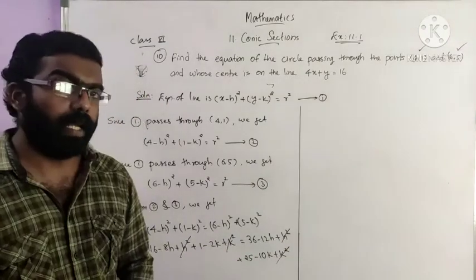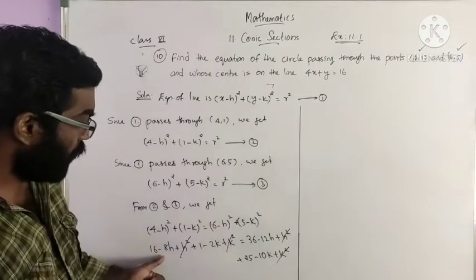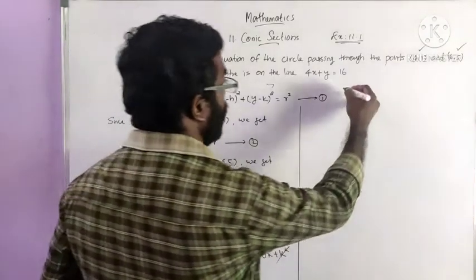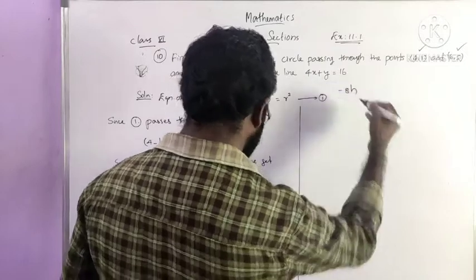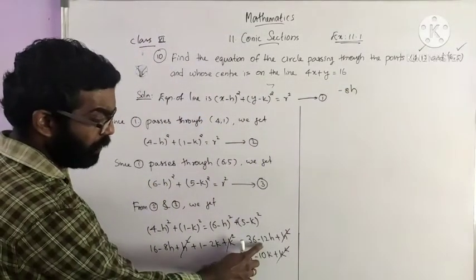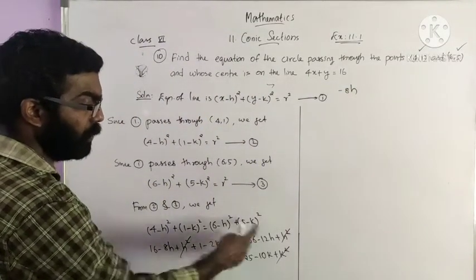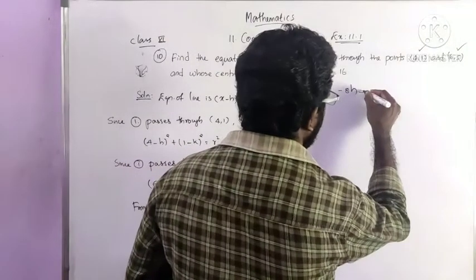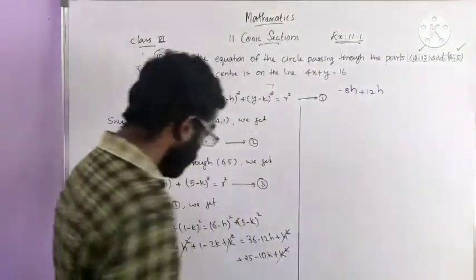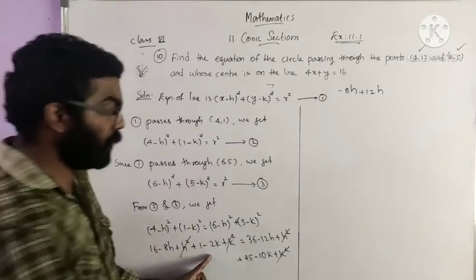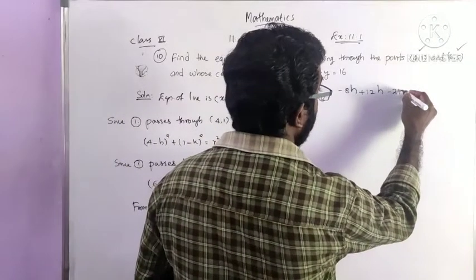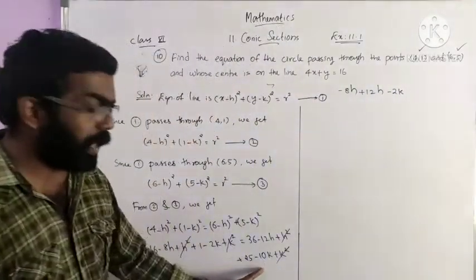Okay, now we can rearrange the terms. First we can write h. Here it is minus 8h. Then on the RHS part minus 12h. We can take to left side plus 12h. Then k, minus 2k. Right side it is minus 10k.